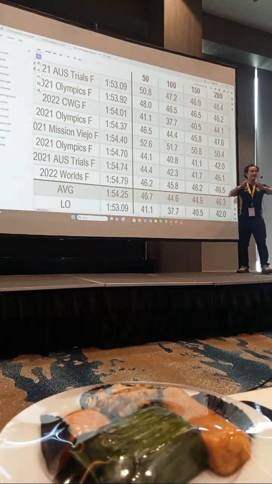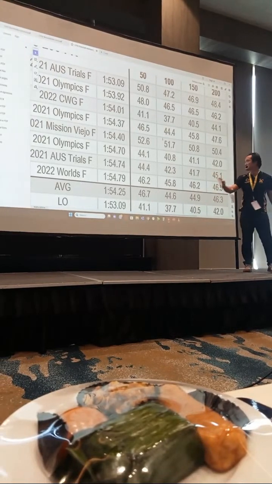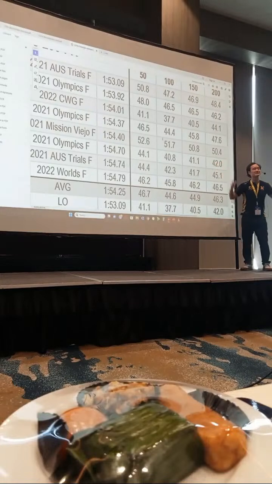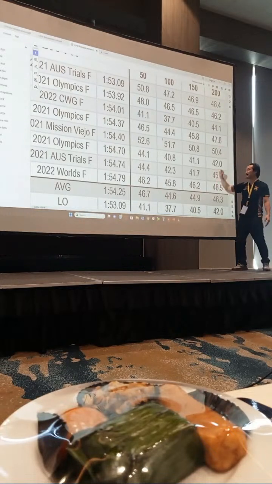And so I said in that chart that I showed yesterday, it's the average over the entire length, but it's not fully representative of what is happening within the race. Because over a race, the stroke rate changes by length.